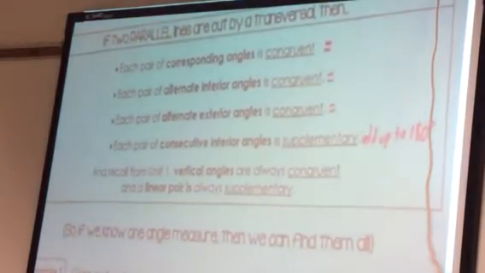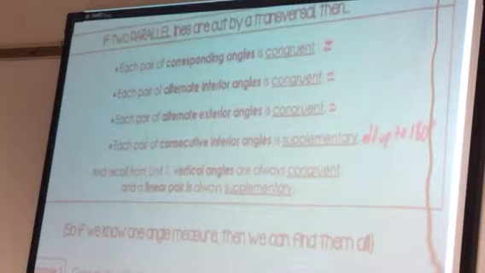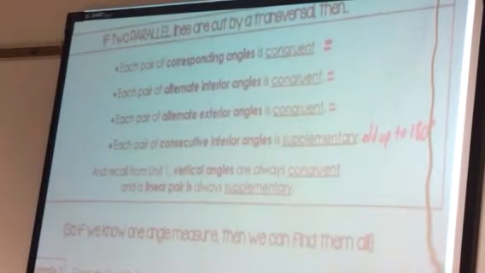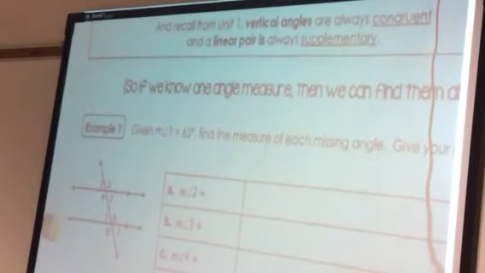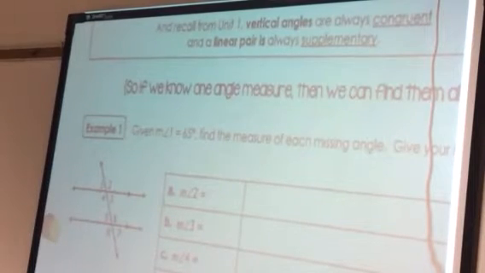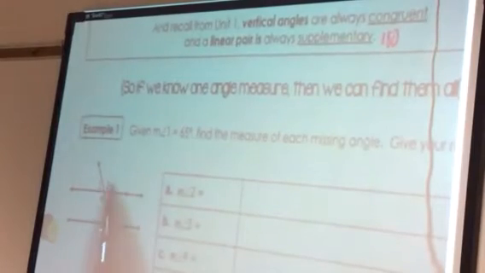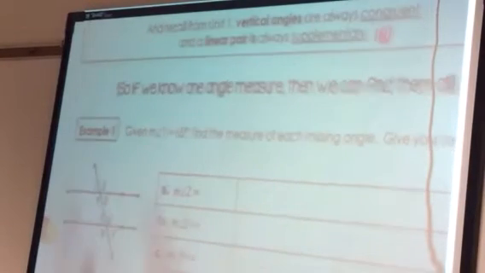If I have vertical angles, they're always congruent, right? Vertical means they're opposite of each other. So like vertical would be 2 and 4. When a linear pair is supplementary, that means 180, and that would be like 1 and 2, 1 and 4, 2 and 3.